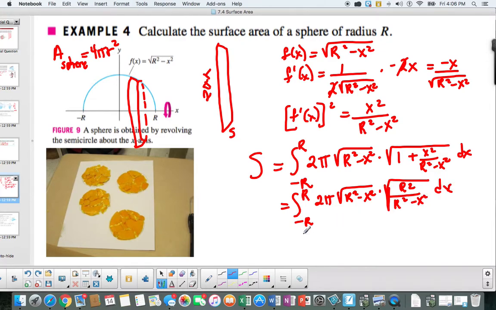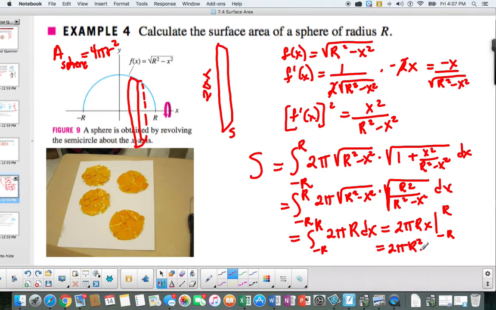And then when I simplify, I'm going to have 2 pi capital R dx. And then this will be 2 pi capital R x evaluated from negative r to r. So this is going to be 2 pi r squared minus 2 pi r times negative r, and when you simplify it's going to be 4 pi r squared, which is what we taught you back in geometry.